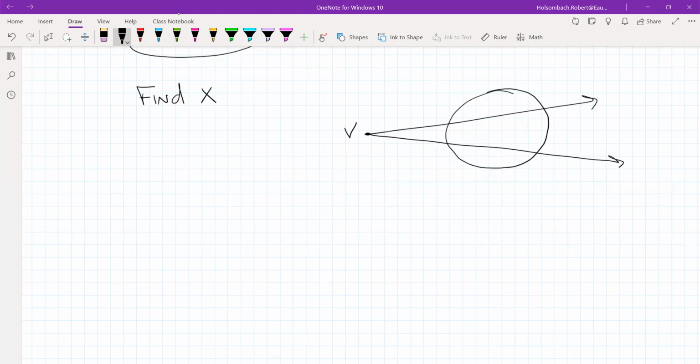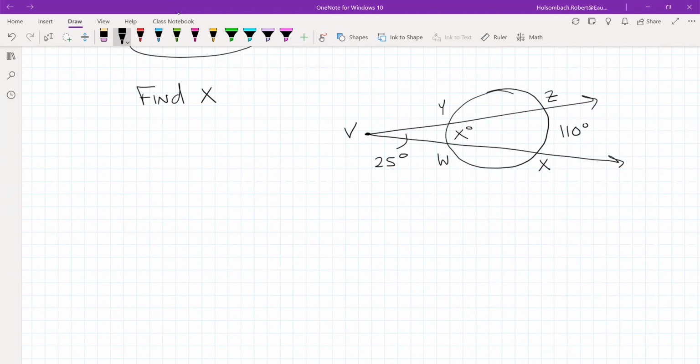The points of intersection are Y and Z, and W and X. Angle V is 25 degrees. And arc ZX or XZ is 110. And here's our X. Our X represents arc YZ.